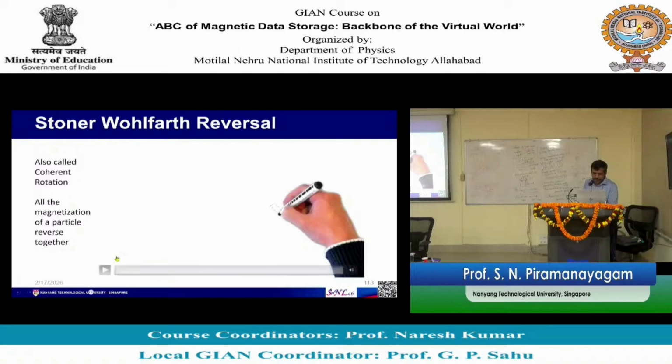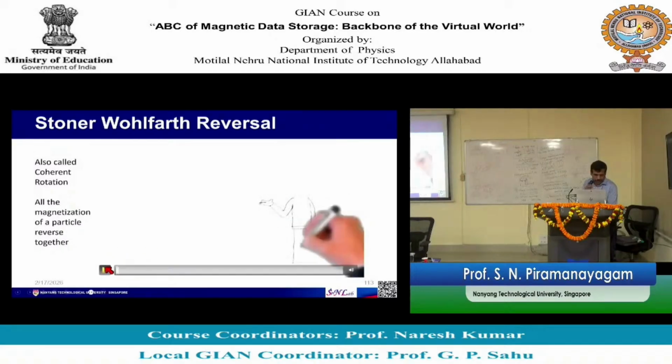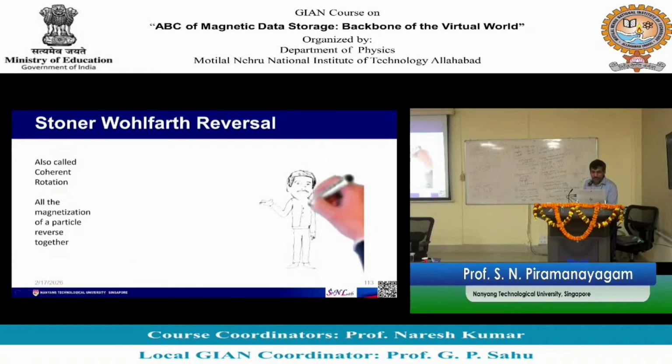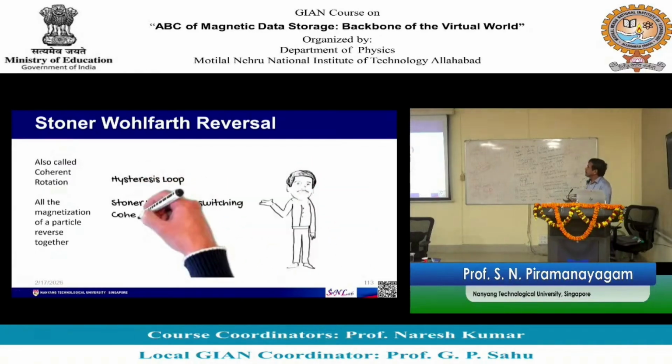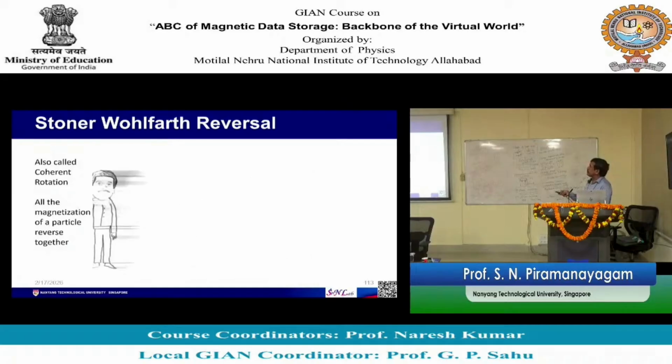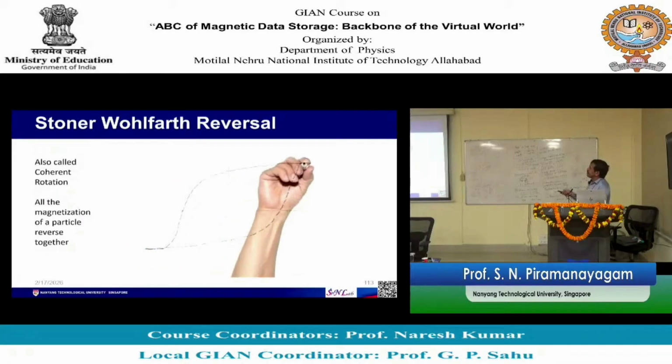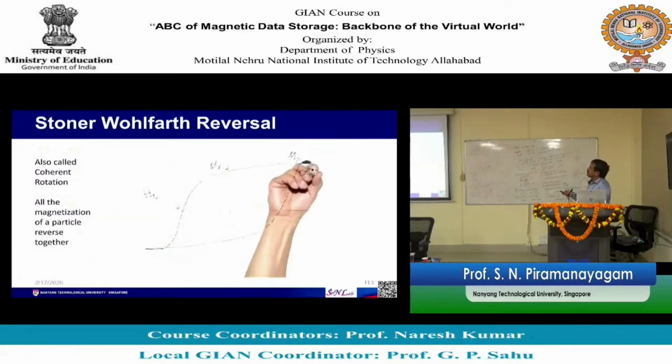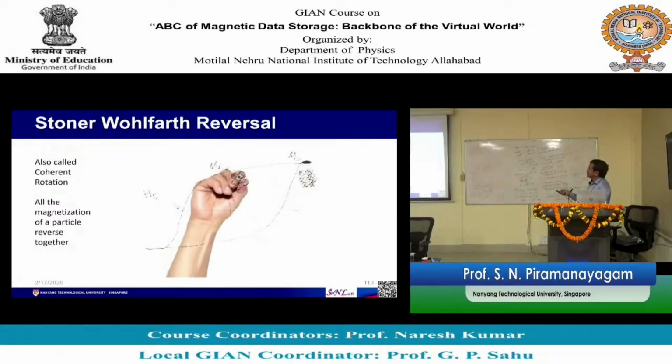I will play this video and end on time. Here I am showing how the hysteresis loop property will be different when you have the Stoner-Wohlfarth reversal mechanism. Imagine that there are some grains, say 7 grains.